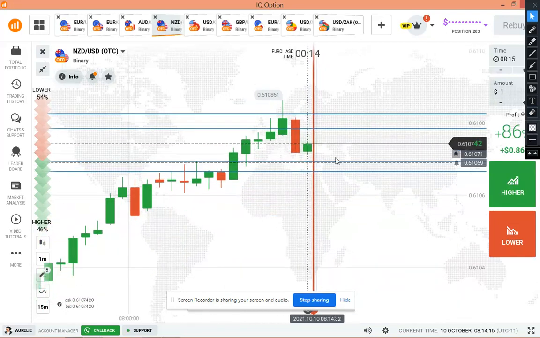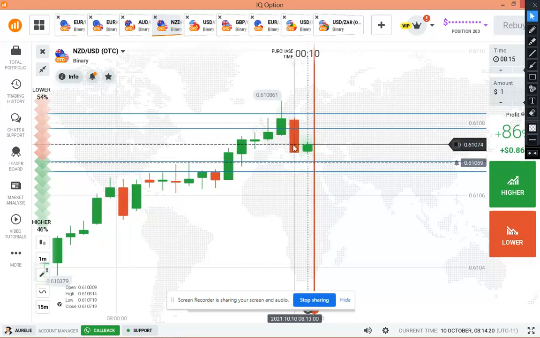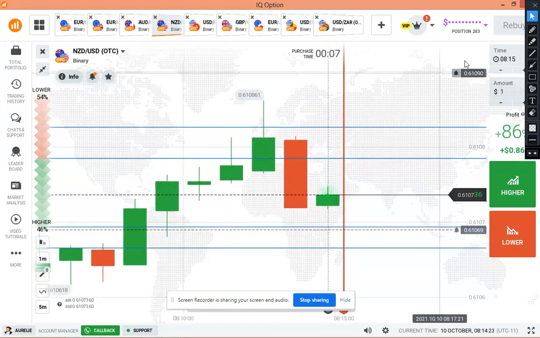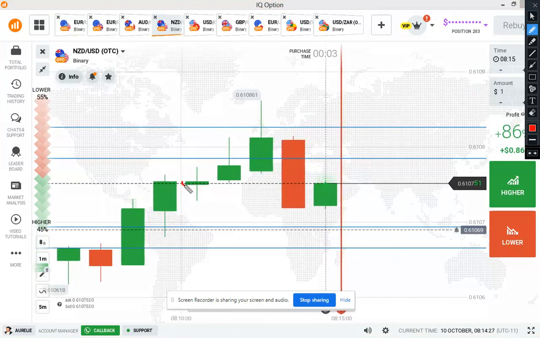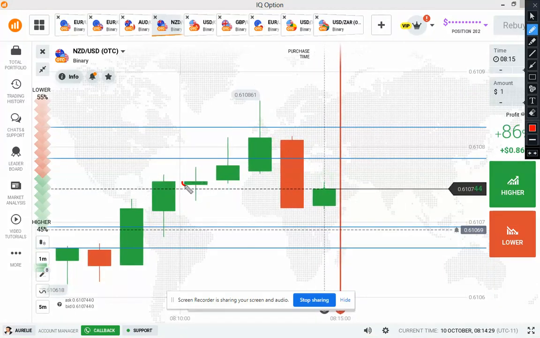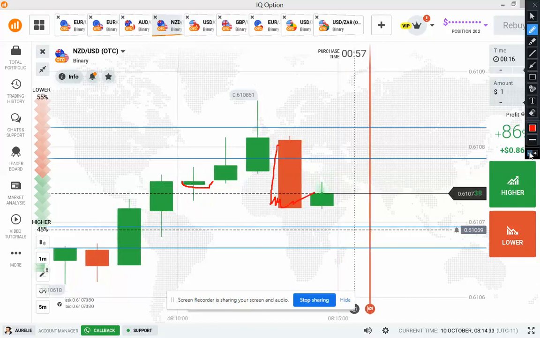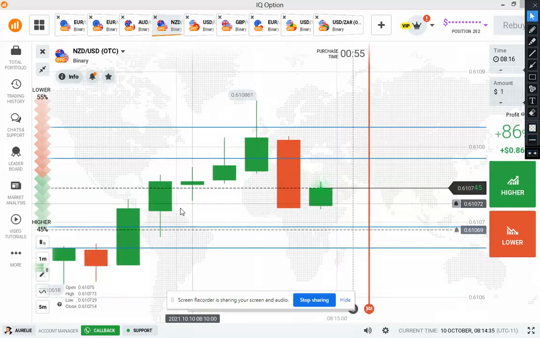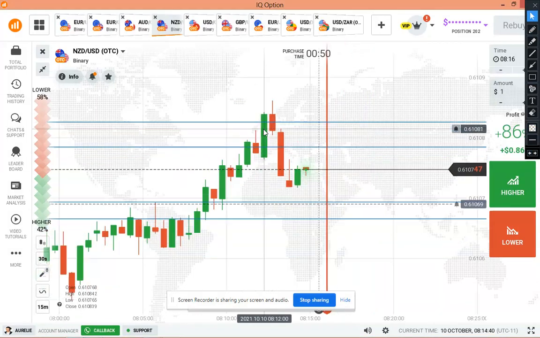So the candle has never reached this level. If you go to 30-second chart, this is another support level. So this candle has broken the support level. This is what I mean. So that gives me a sign that market is going to reverse at any nearest resistance level.